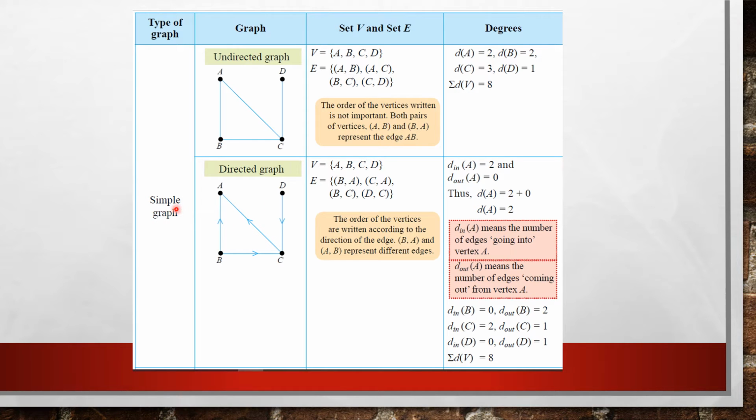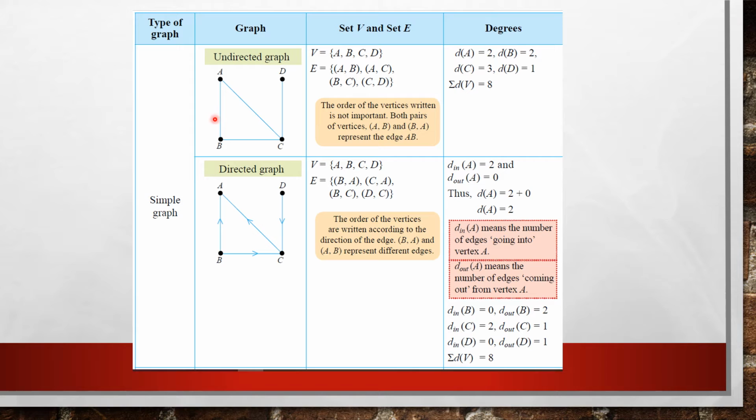First, we look at the simple graph. So for the undirected graph, the vertices, as we learned before, are the points, the dots here, A, B, C, D. So you write them in the form of a set. Next, the edges.